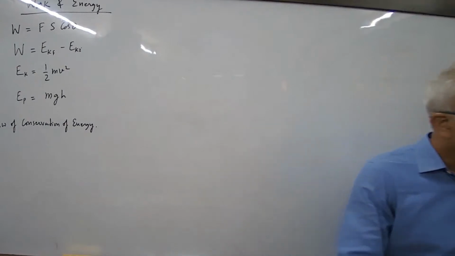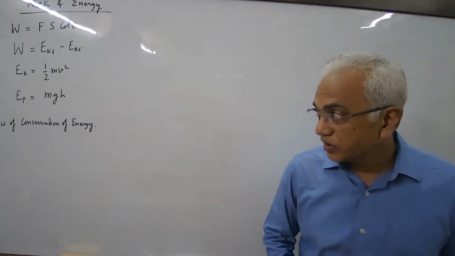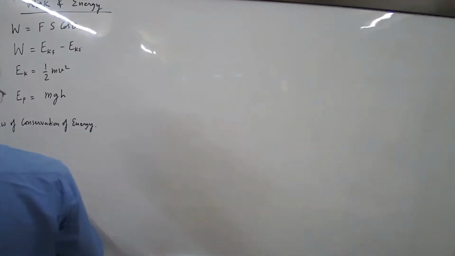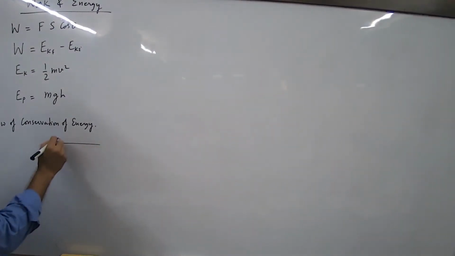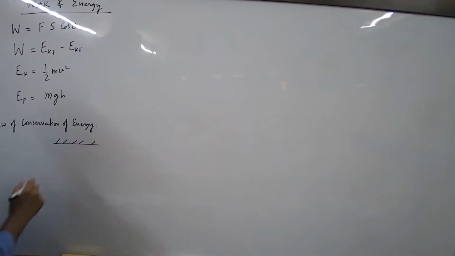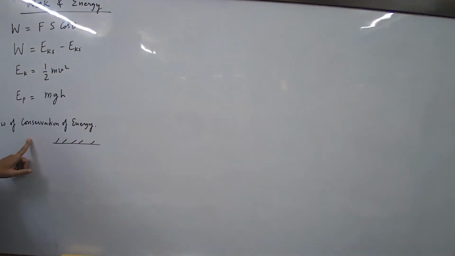Okay. So everybody understand what is law of conservation of energy. She asked, explain law of conservation of energy in case of oscillating pendulum. So basically what it means is total energy of an object will remain constant during oscillation and during free fall.